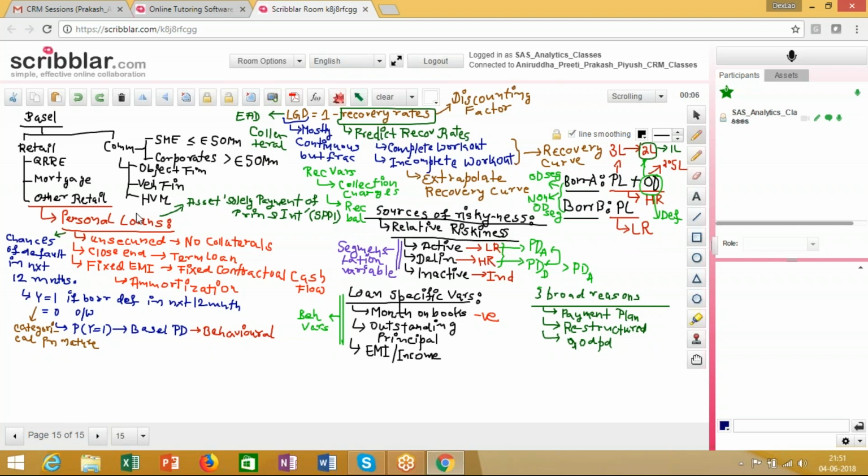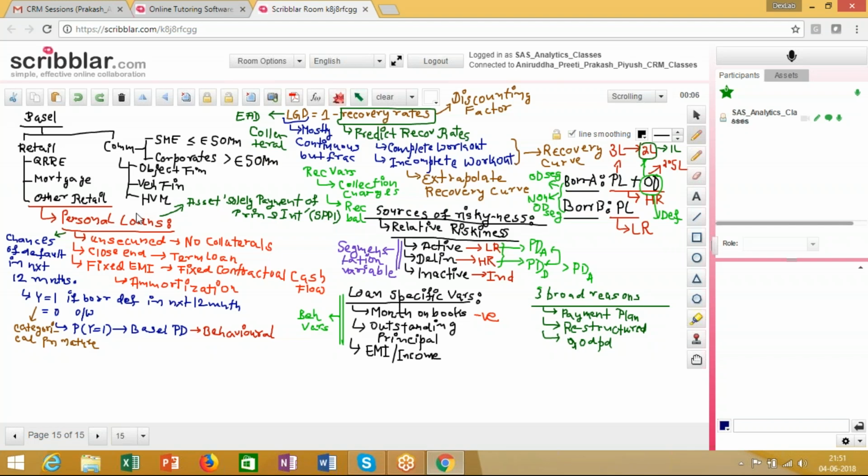When these three come together, what we get is our expected loss. We have seen the criticality of expected loss as a concept, because unexpected loss and, going forward, capital reserves are all built based on this expected loss concept.